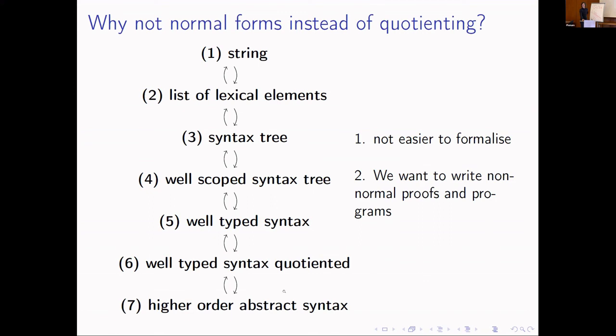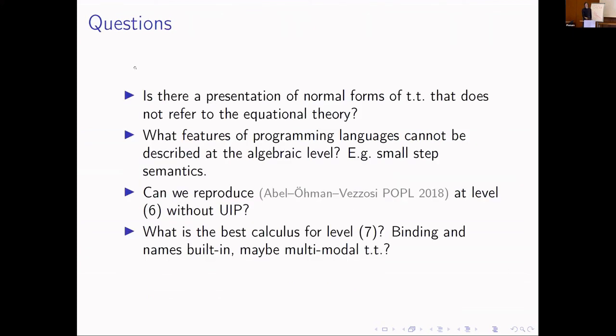But the curious thing is that these first 2 steps involve using the strict universe of propositions. To define this presheaf model construction and the setoid model construction, you rely on a universe of propositions, which is strictly proof irrelevant. And the proof by Abel, Öhman, and Vezzosi doesn't use uniqueness of identity proofs. So there is a seeming contradiction here, which I don't know how to resolve.